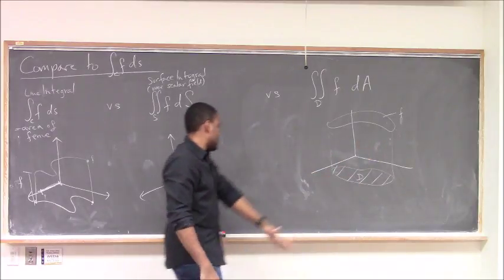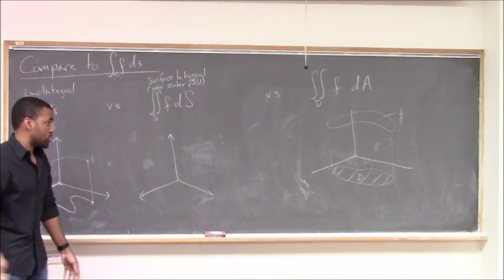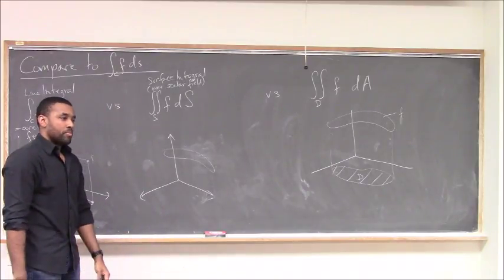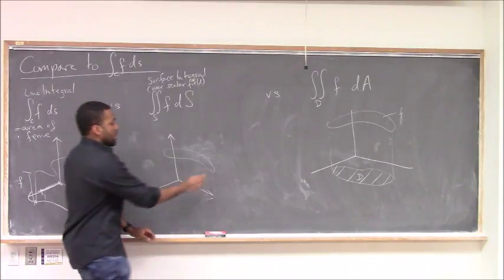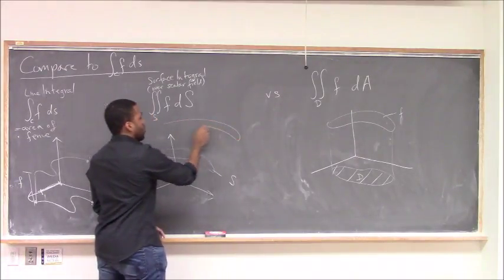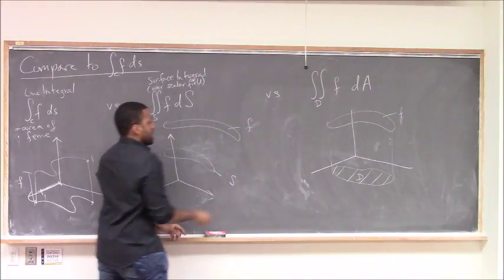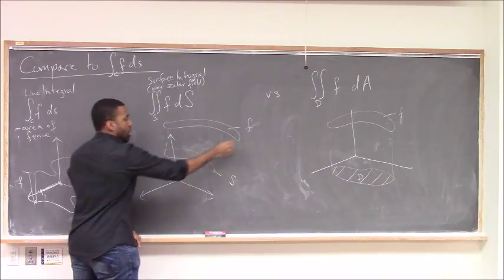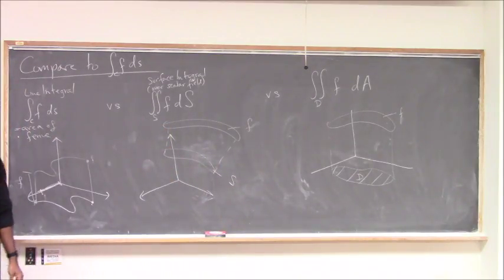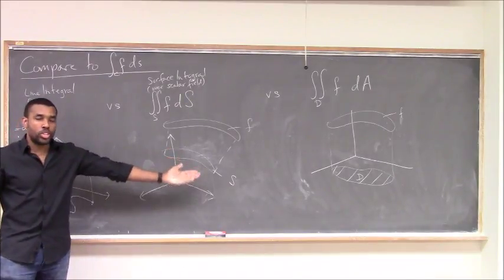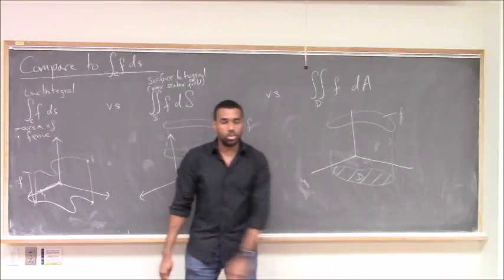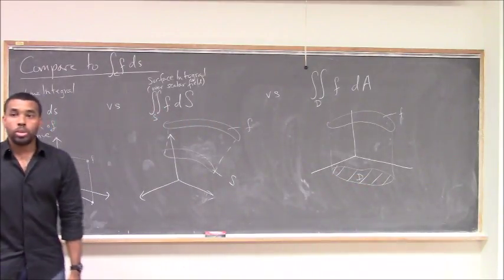Now we want to generalize that to be able to integrate over any surface. So there's a surface hovering in space, which I would describe as S. There's another function that I want to integrate, that's my f, and I'm projecting that onto that surface, right? So now I'm integrating over some arbitrary surface hovering in space, as opposed to directly projecting down to the xy plane.